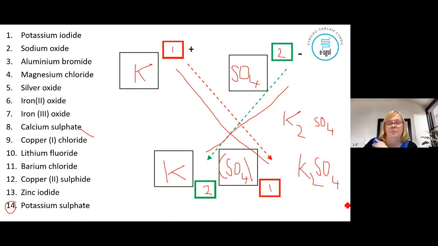and location. Okay, so to do with symbols, they are very particular that you have the symbols at the right size. So they insist that a capital letter is the beginning of a new element.